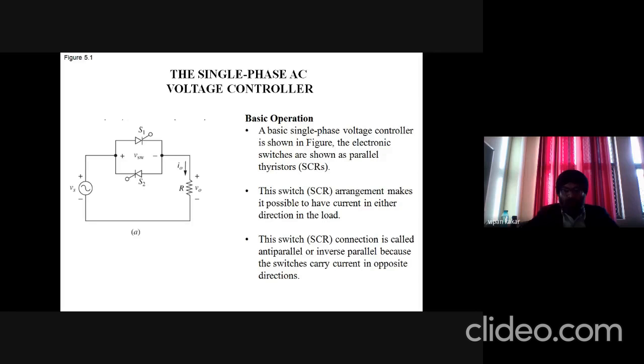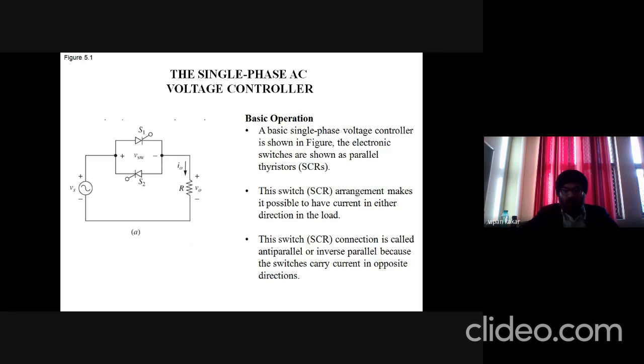On the other side, for the switch S2, the anode is connected to the load and the cathode is connected to the source. Both switches are connected in parallel but in opposite direction. So we can call this connection an anti-parallel or inverse parallel connection, where the current is carried in opposite directions in the two switches.